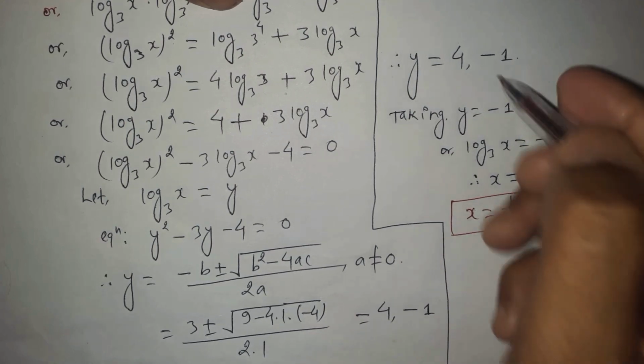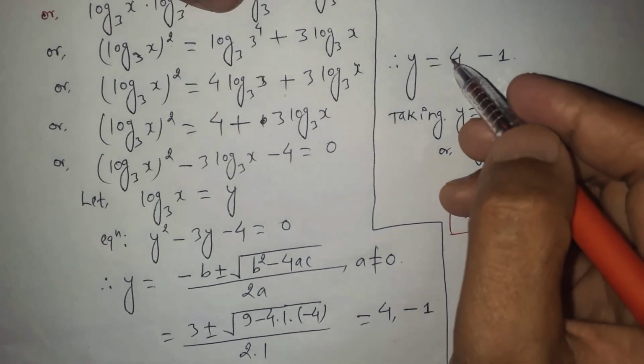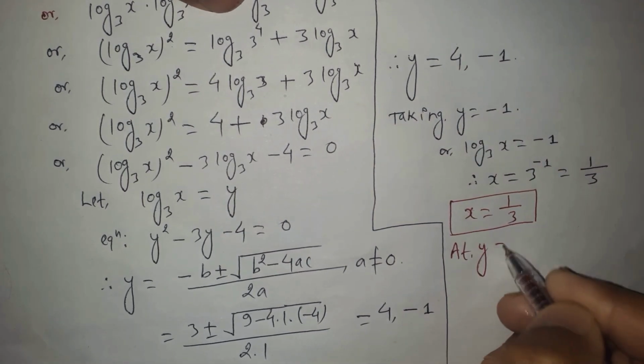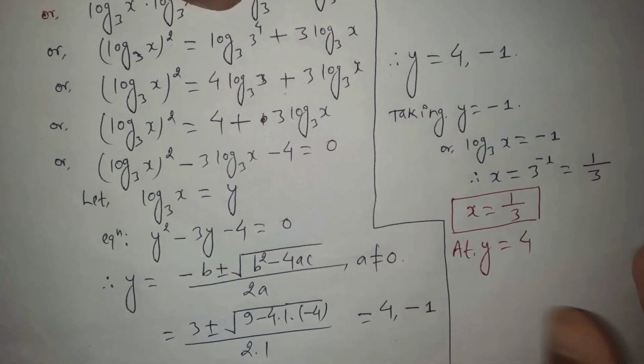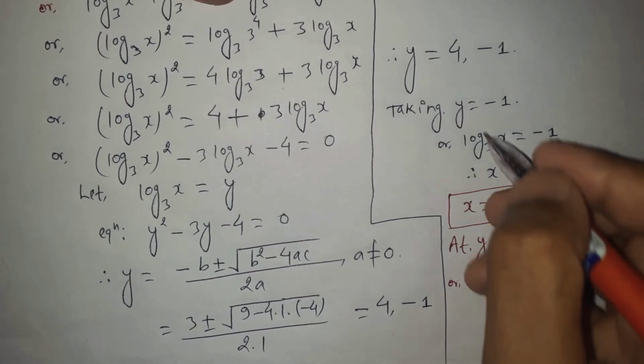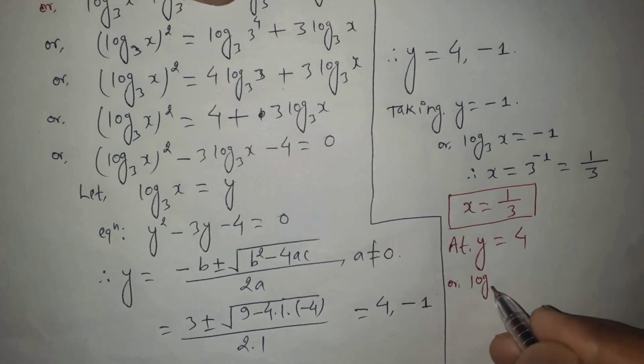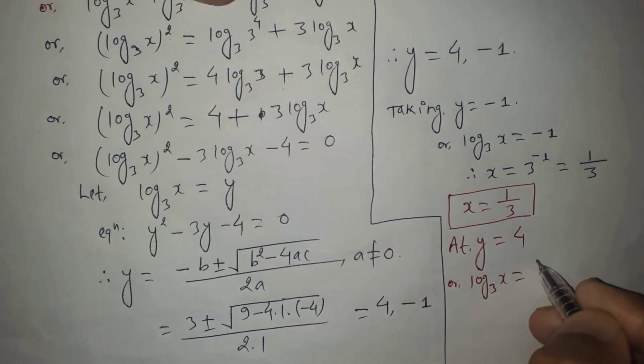And the other value will be obtained at the other value of y. The value of y is 4. And here y is our supposition, log with base 3 of x is here 4.